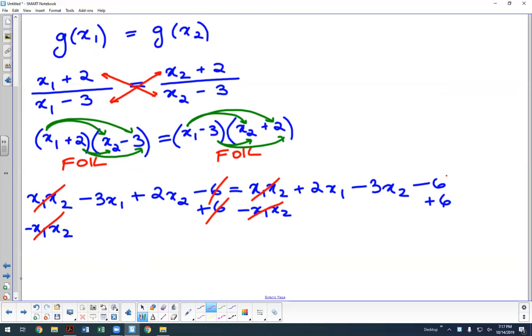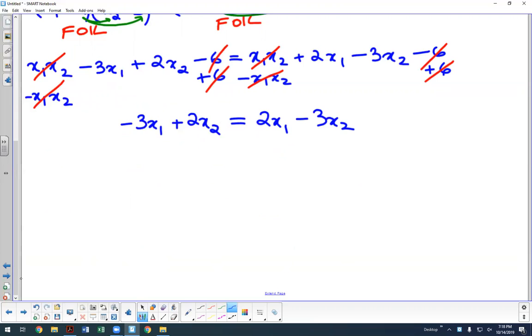So again, your plus 6 minus 6 cancel each other out. Now, I've got a negative 3x1 plus 2x2 left behind on the left, and positive 2x1 minus 3x2 left behind on the right. These guys, of course, you can see are not going to cancel each other out, so let's combine like terms.